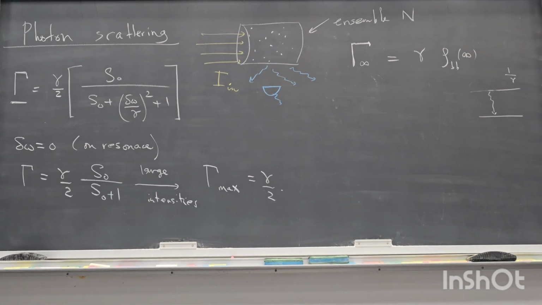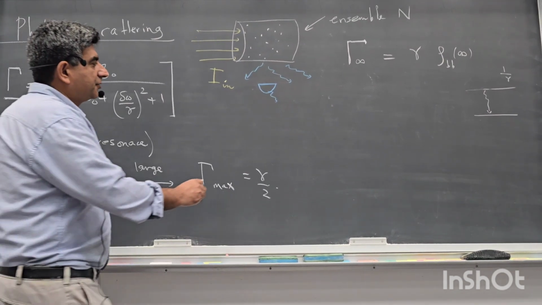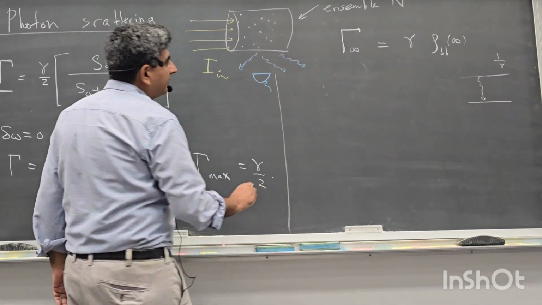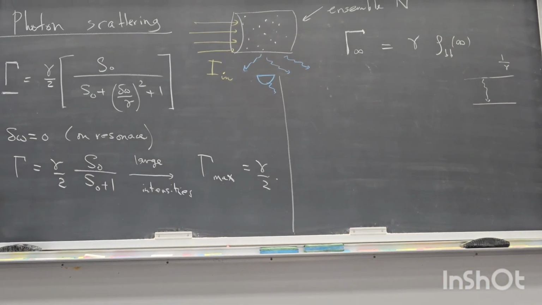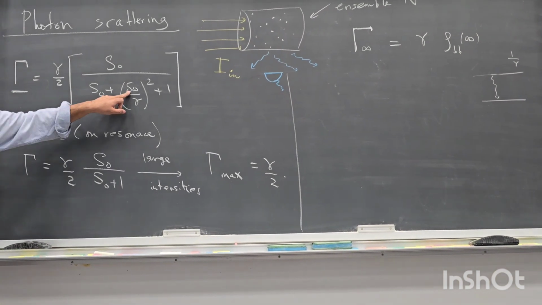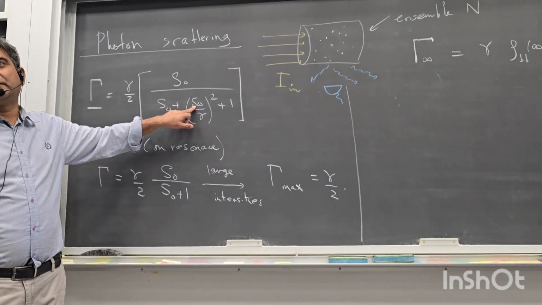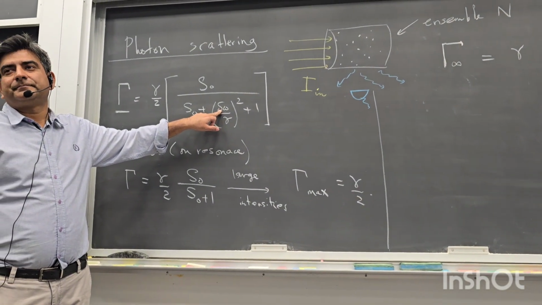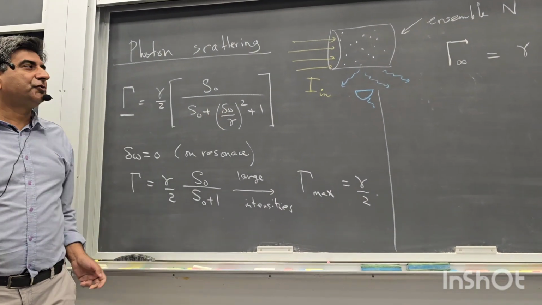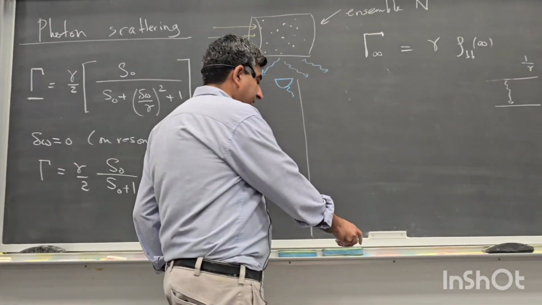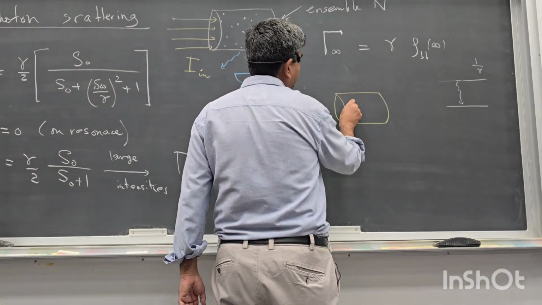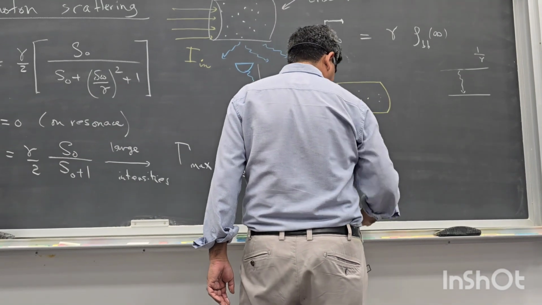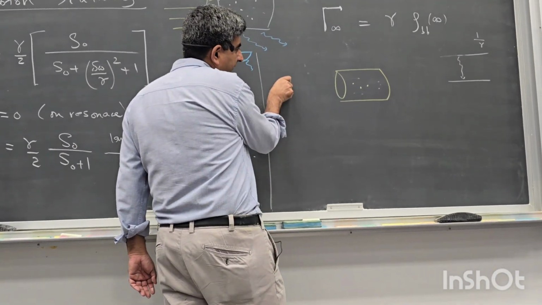Now we also would like to see what is the dependence of the scattering rate on delta omega. Okay, so consider this experiment. You have this cell of atoms and you're shining light onto this, okay?